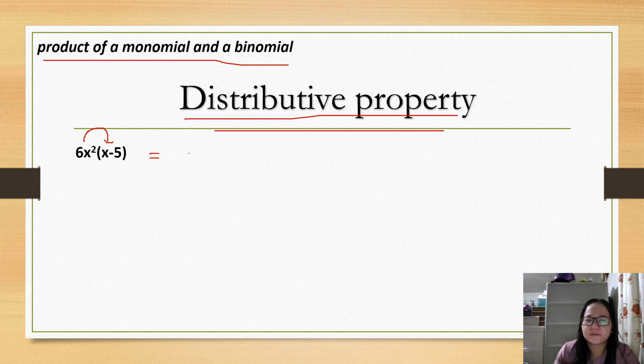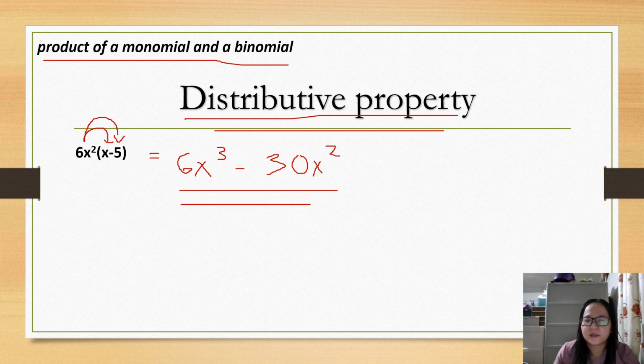Therefore, we get 6x cubed. And then multiply 6x squared by negative 5. The product is negative 30x squared. Therefore, the answer is 6x cubed minus 30x squared.